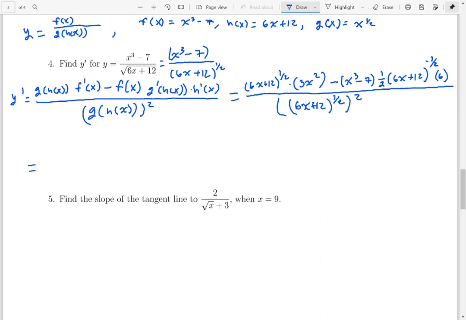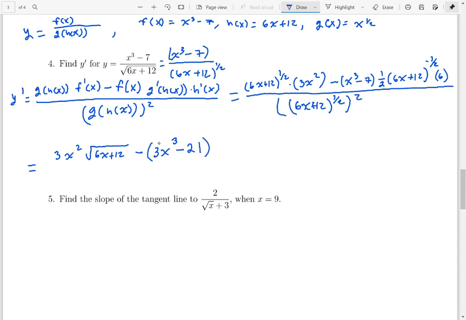Then for cleanup, and I'm going to go ahead and add in radical notation here, this is 3x squared times the square root of 6x plus 12 minus 6 times 1/2 is a 3, and so if I want to distribute that into this binomial x cubed minus 7, I could, or I could leave it out front, but that's going to be 3x cubed minus 21.